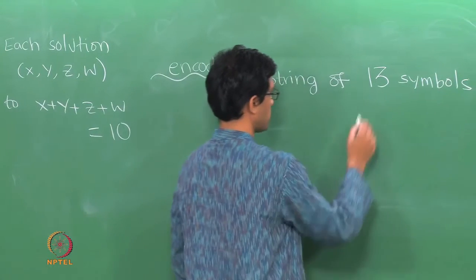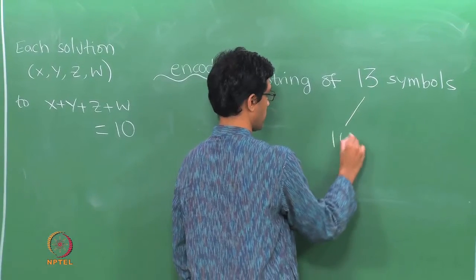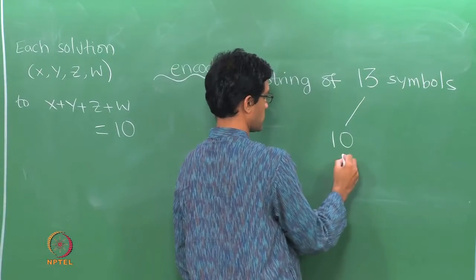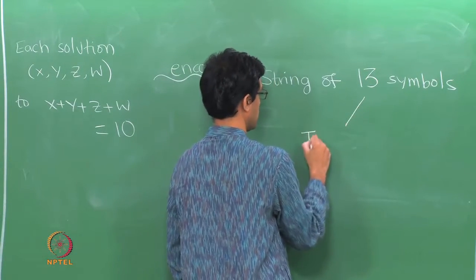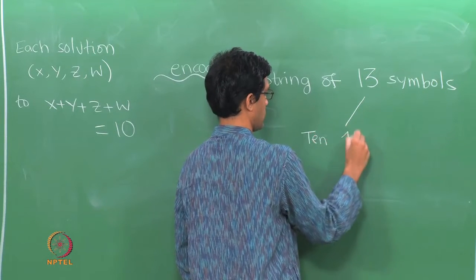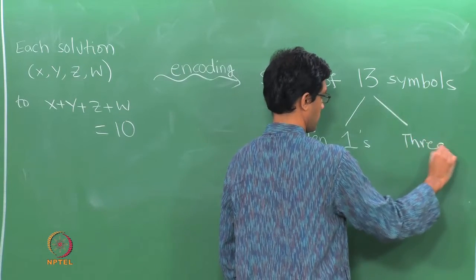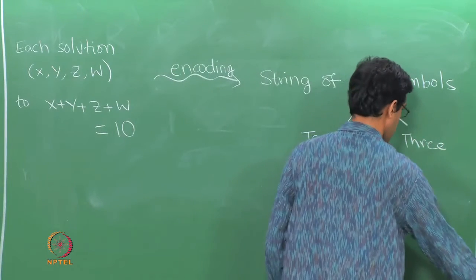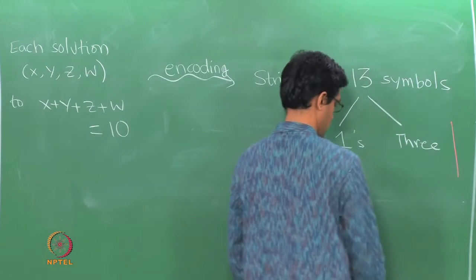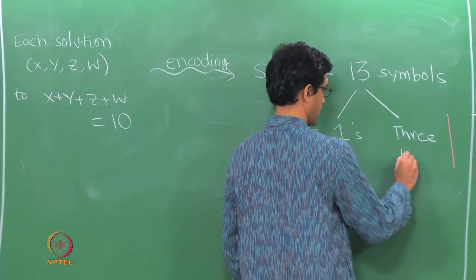Okay, so what are these 13 symbols? Well, 10 of these symbols are just ones, so 10 ones, and there are 3 dividers. So 3 of these lines.